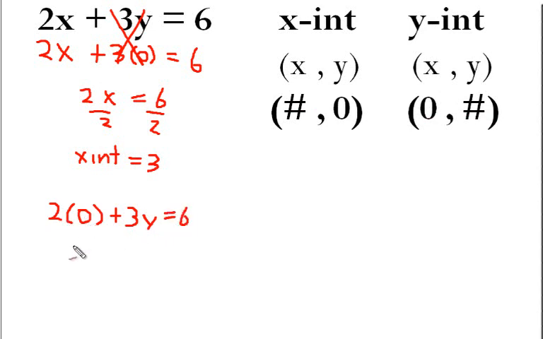Like I said before, this 2 times 0, I'll go ahead and write it in this time, will give us 0. 0 plus 3y equals 6. Since it's 0, it's really not changing the equation, so we could just take it out. Last step here is just divide by 3. So we get the y-intercept equals 2. I meant to put intercept here.